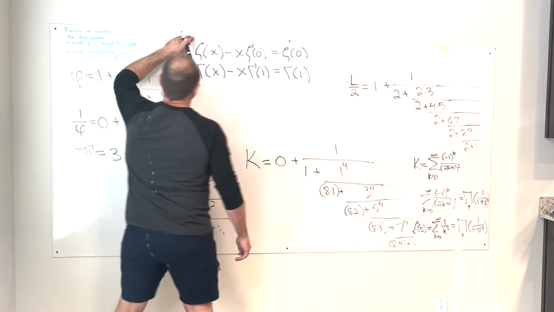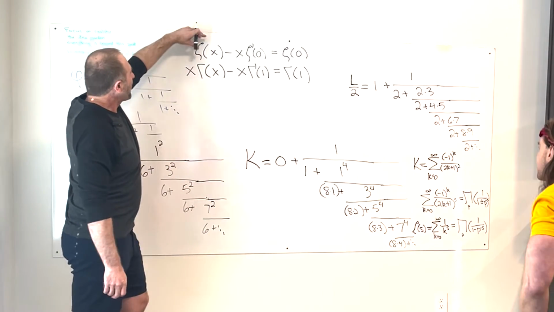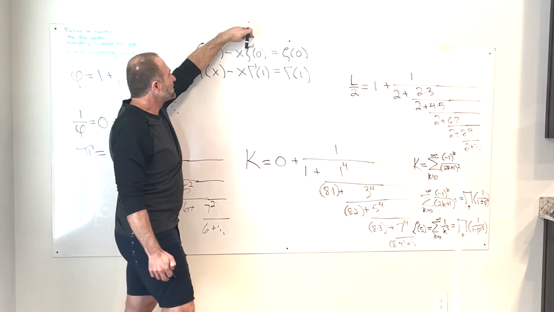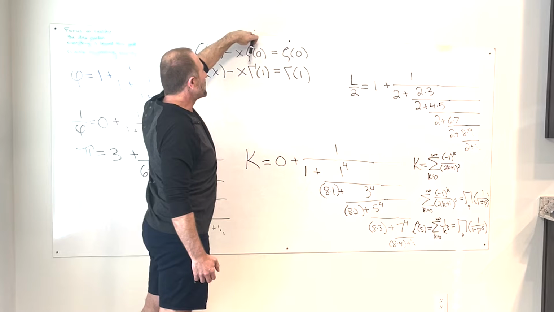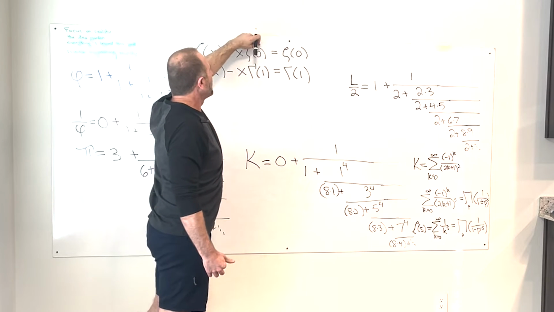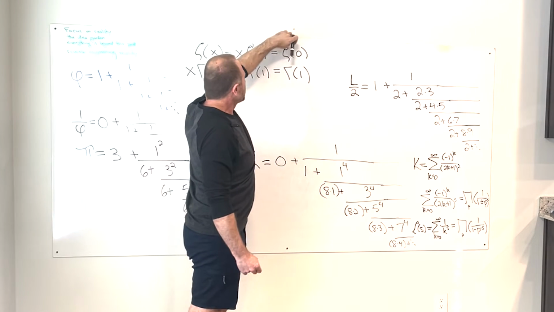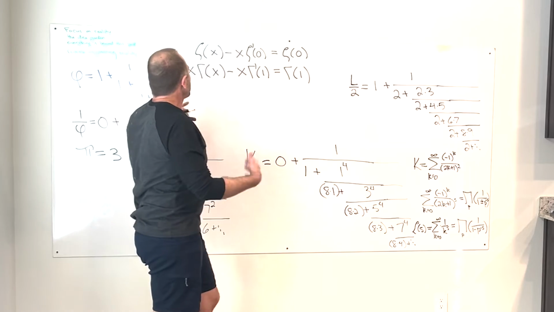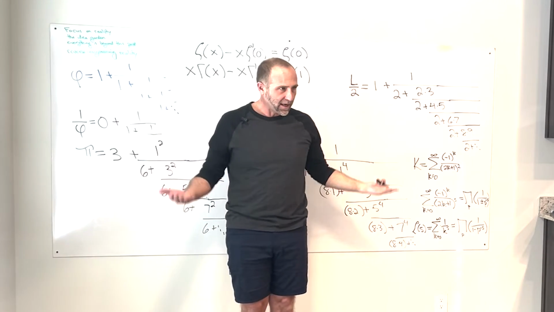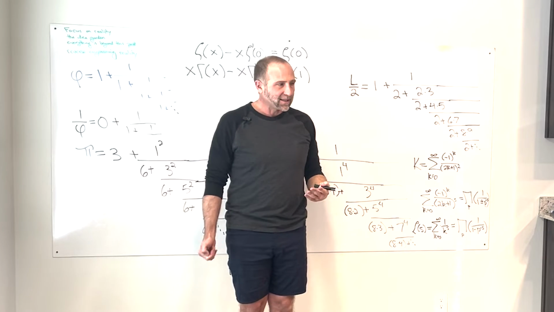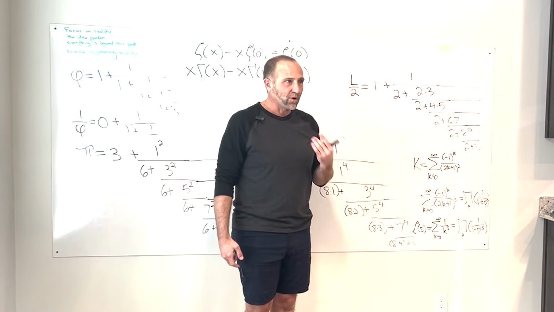The zeta function, that's what this symbol means. Zeta of x minus x times zeta prime of 0 — this zeta prime is the first derivative of the zeta function at 0 — is equal to the zeta function at 0. So the zeta function has its features as you approach 0, but it also has its derivative features as you approach 0.